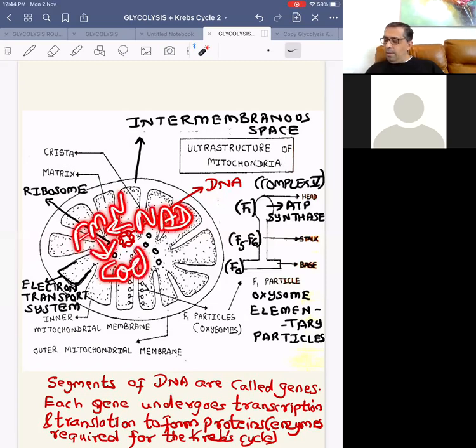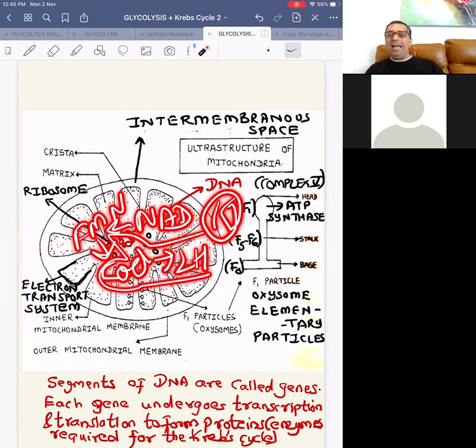In the matrix. What does coenzyme Q give out? 2 hydrogen. So the Krebs cycle, NAD, FMN, coenzyme Q and 2 hydrogen are all in the matrix.